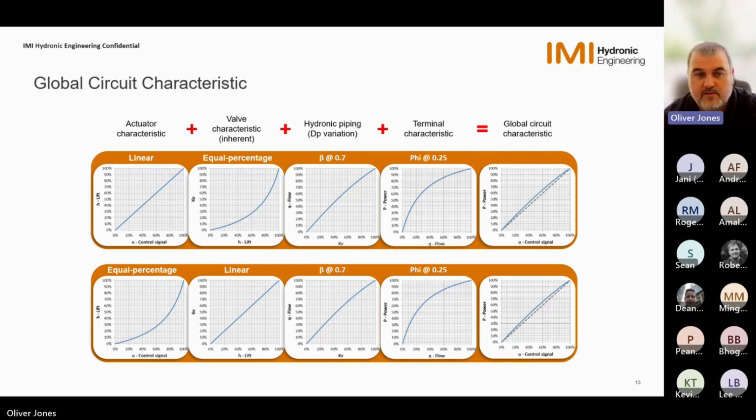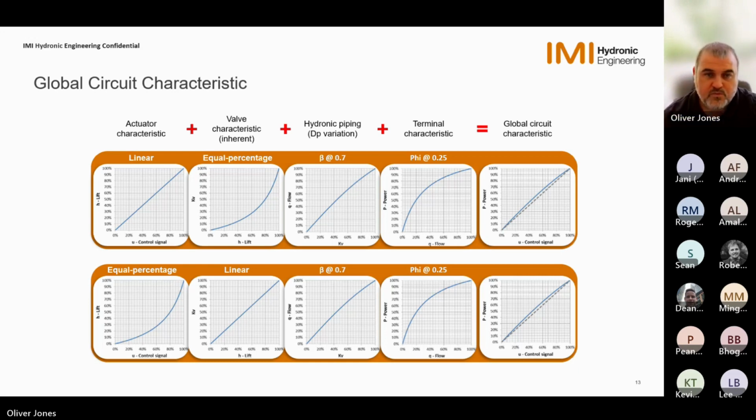So we have our EQM valve and our linear valve, with our hydronic piping and our DP variations from the system, and then our terminal unit characteristics, effectively, we should have a global circuit characteristic, which pretty much matches each other. Both have a very small distortion compared to a perfect linearity, which on paper looks fantastic.